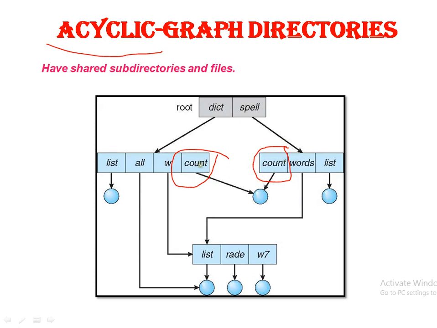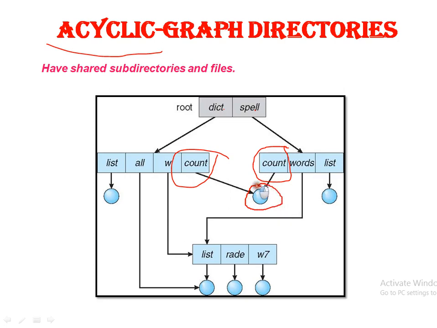If you observe the diagram here, I have root. Under root I have dict and spell as two directories. Under dict I have count as one directory, and under spell I also have count. So it shows that the same file or subdirectory may be in two different directories.